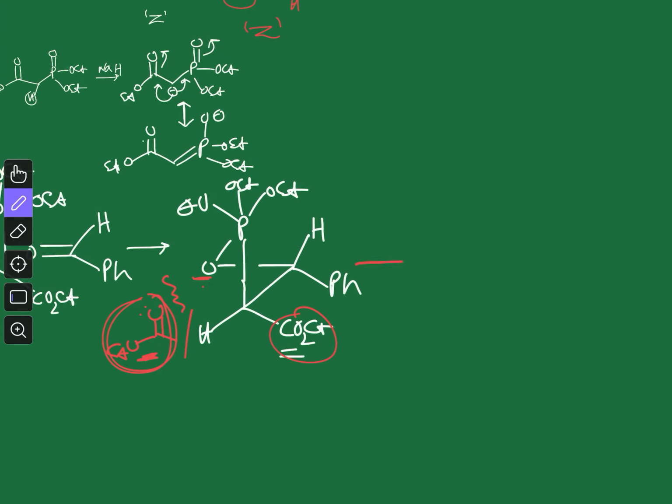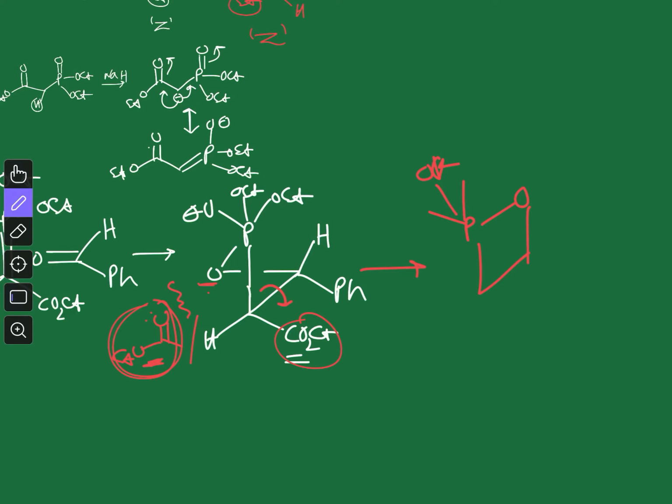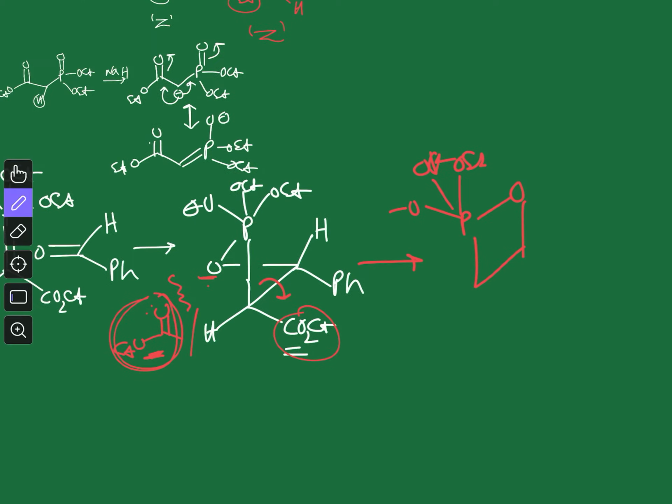And now from this, if we rotate this bond, what we are going to get is this thing, OEt, O minus, and here we have this hydrogen, CO2Et, and on this side we are going to get this phenyl, hydrogen. So you can see if we rotate the bond, this hydrogen will come here and this phenyl will come on the right hand side.